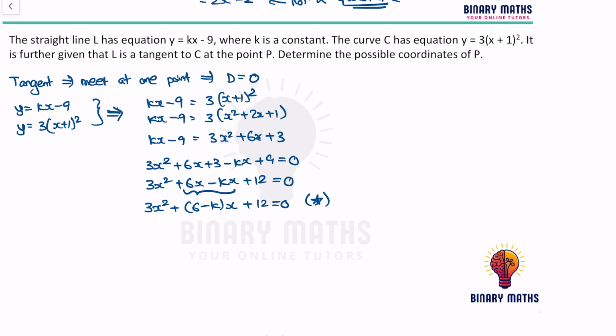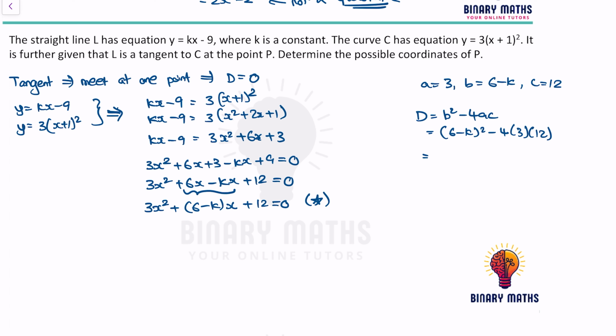Okay, so in this case, my A is equal to 3. My B is equal to 6, take away k. And C is equal to 12. So my discriminant is B squared take away 4AC, which is (6 take away k) squared minus 4 times 3 times 12.